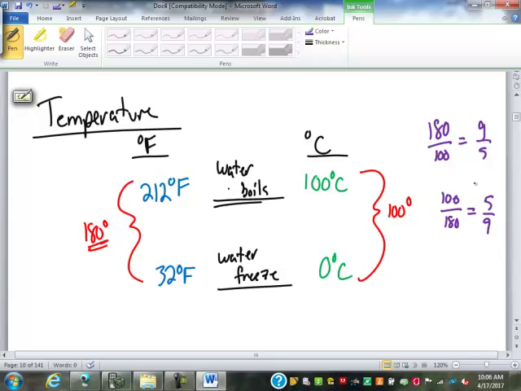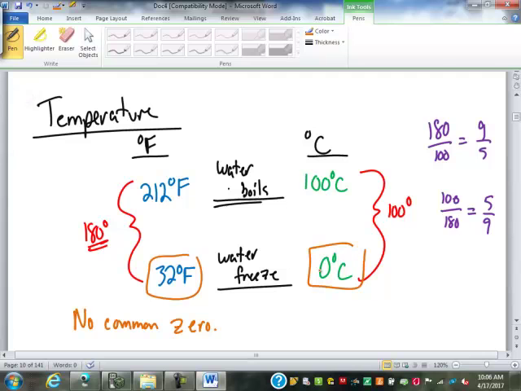The problem is, it's different from any other type of measurement, weights, lengths, capacities, whatever, in that there is no common 0 point. For length, 0 centimeters equals 0 inches equals 0 feet equals 0 meters equals 0 yards.